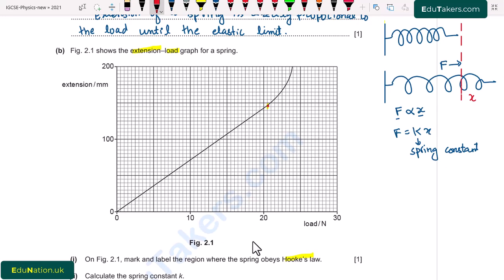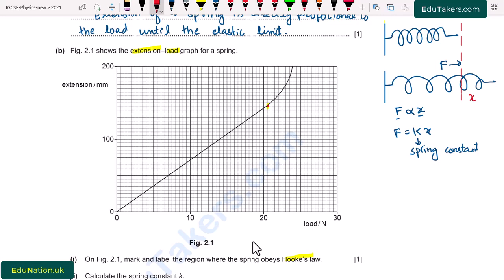It means that from 0 to 20.5, the graph between extension and load is directly proportional, which means it is a straight line, and both vary directly with each other. If I increase the extension, the load also increases, and if I decrease the extension, the load also decreases.